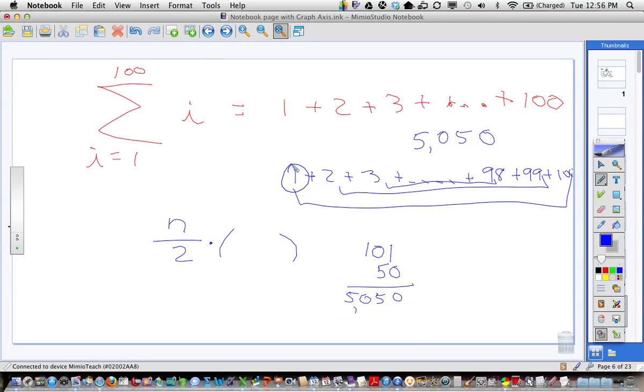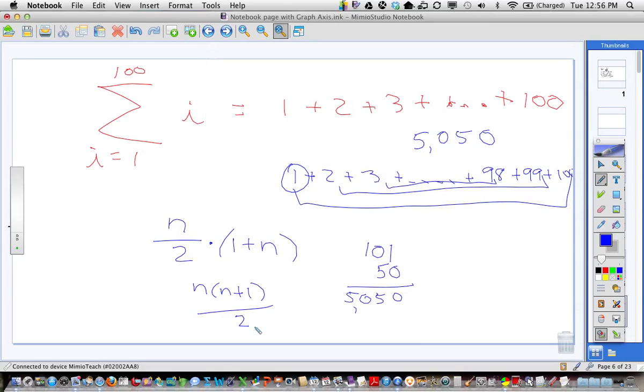The first term, 1, plus the last term, which would be n. Now this is usually written as n times n plus 1 over 2. Okay? Number of pairs would be this, the number you're doing divided by 2.